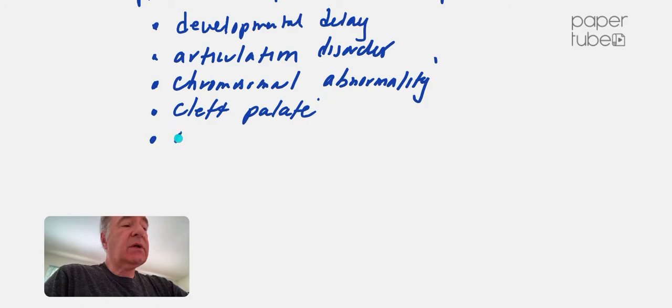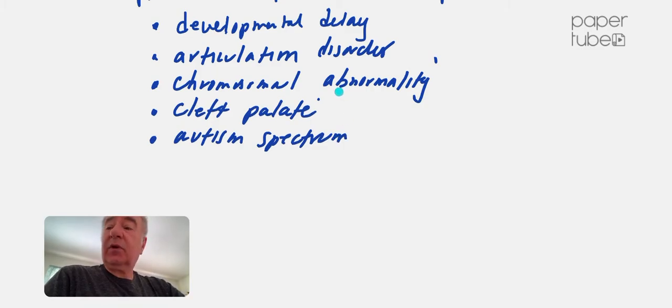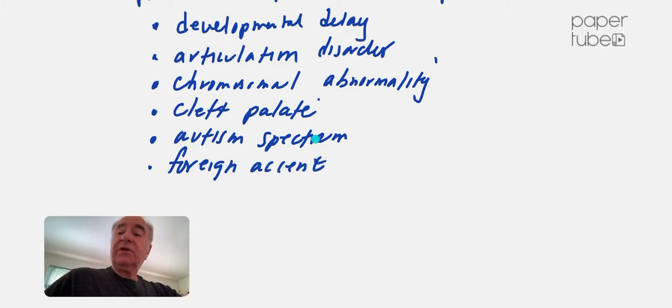Or students who are on the autism spectrum typically have delayed verbal expression and language. Or you may even have students with a foreign accent, which may make it difficult for them to pronounce words or articulate words.